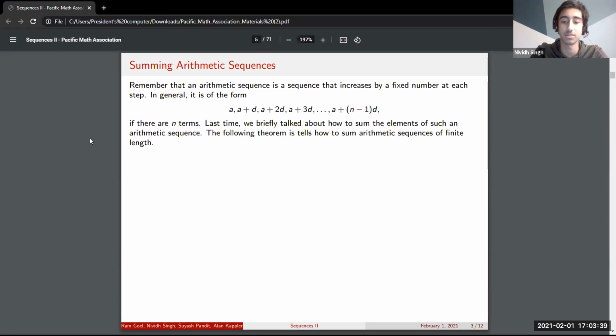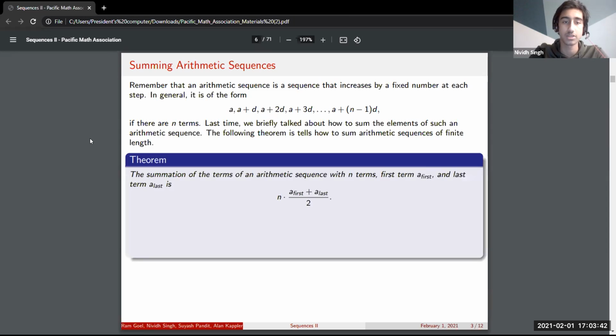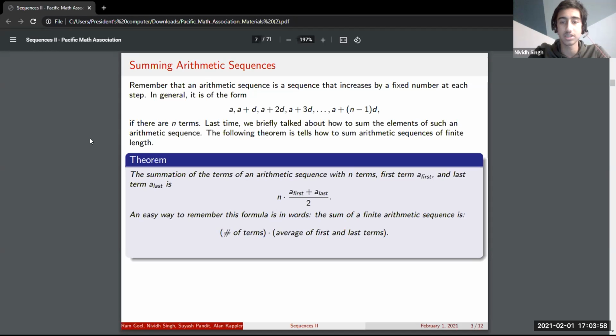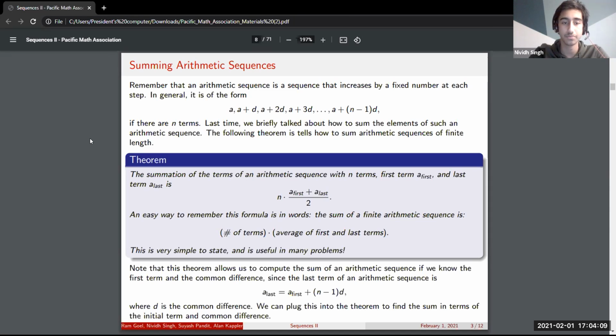The theorem is that the sum of the terms of an arithmetic sequence with n terms, with first term a first and last term a last, is n times (a first plus a last) divided by 2. An easy way to remember this is: the number of terms times the average of the first and last terms.